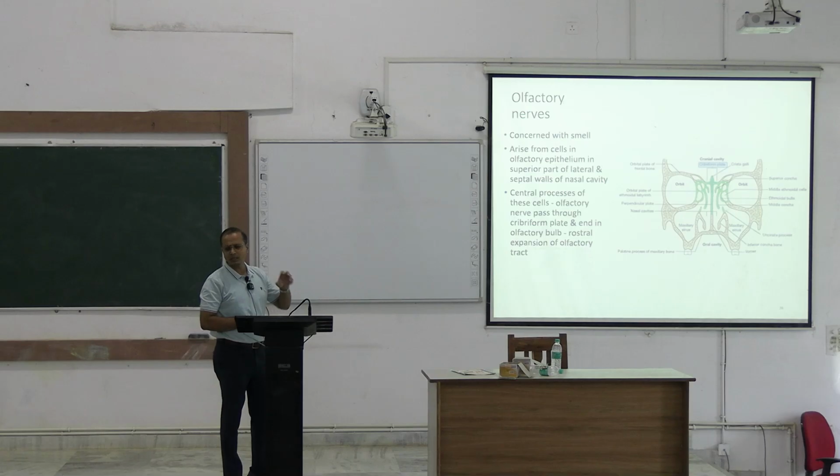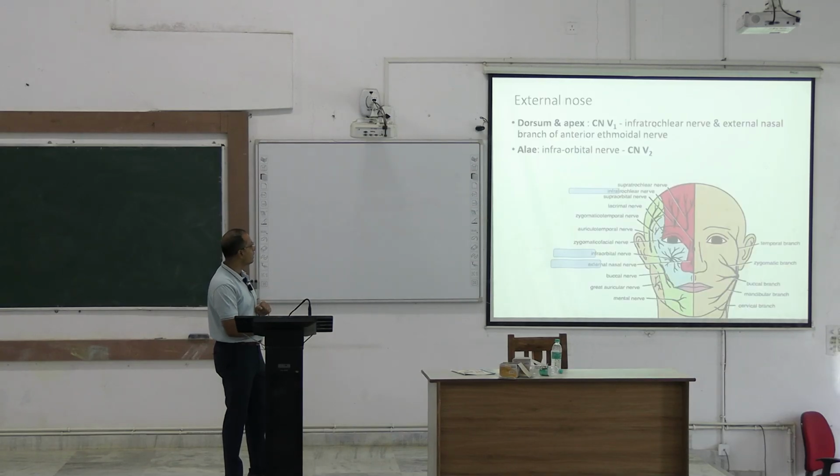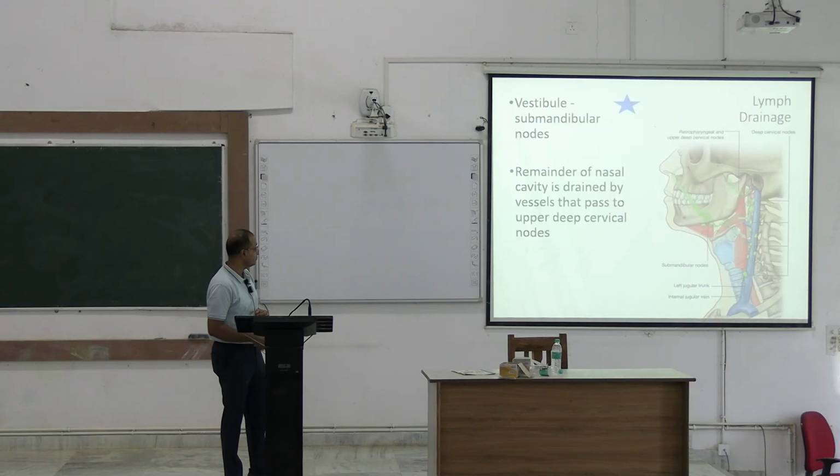We call it olfactory mucosa. It is non-vascular. This region has the olfactory nerve endings. They pierce the cribriform plate of the ethmoid and carry the smell sensation from the nose region to the brain.